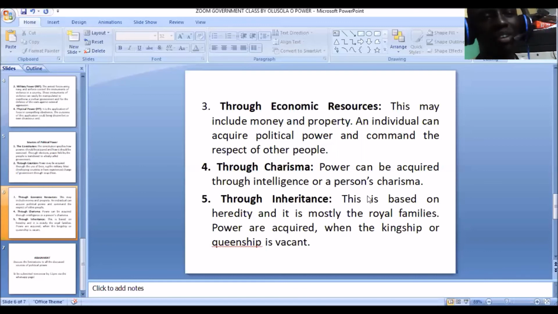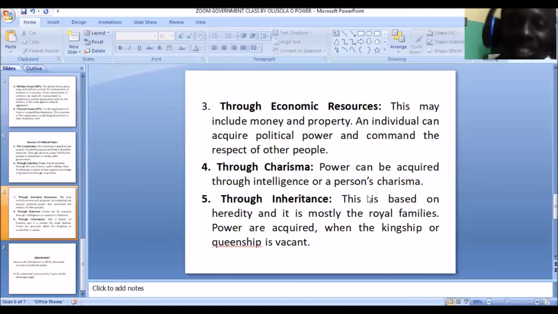Then the last one I want us to look at is inheritance. Inheritance is also a source of power. This source of power can also be called the traditional source of power. This is based on heredity or tradition, and it is mostly within the royal families.